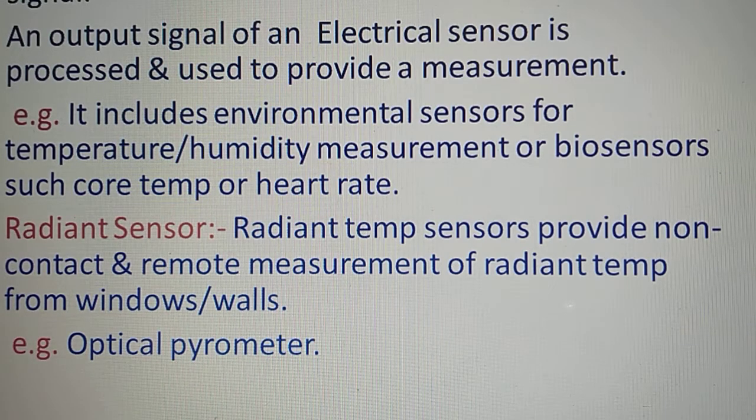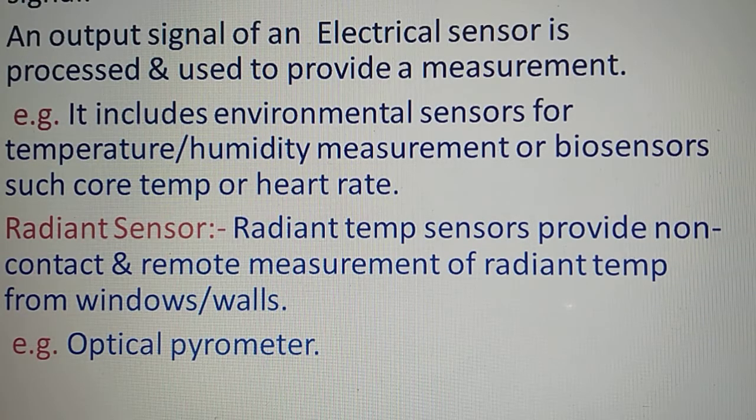The output signal of the electrical sensor is processed and used to provide the measurement. Examples include environmental sensors for temperature and humidity measurement, and biosensors such as core temperature measurement or heartbeat rate measurement. So this is the electric kind of sensor.